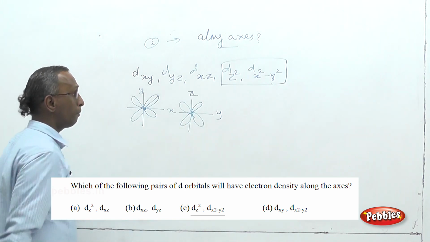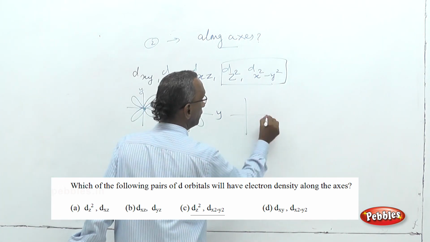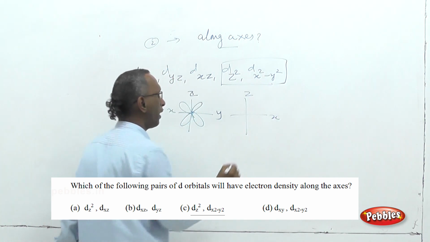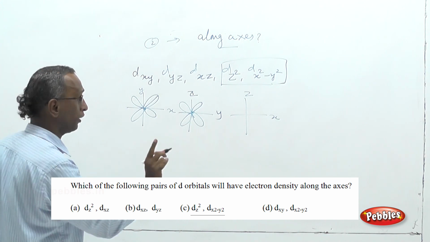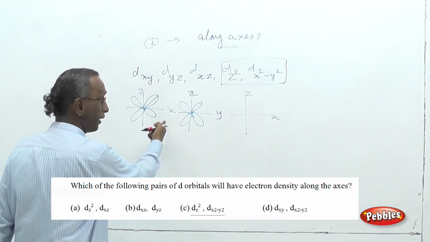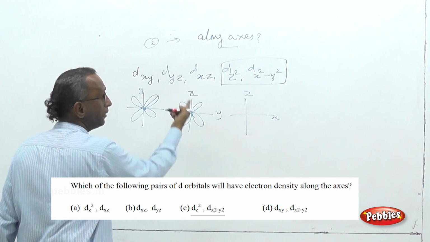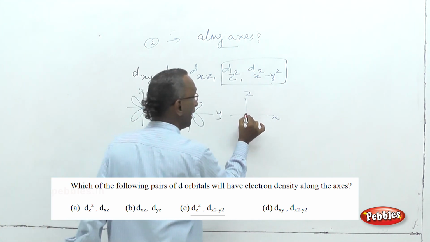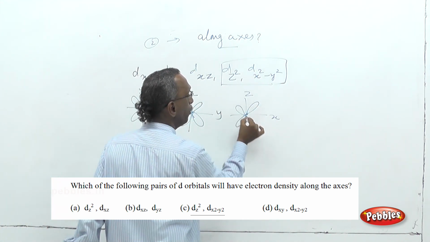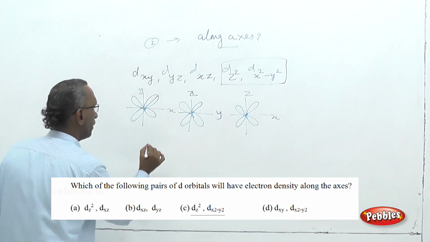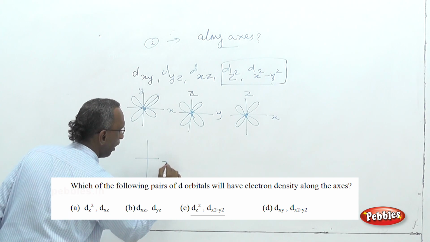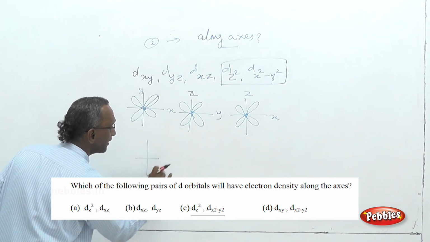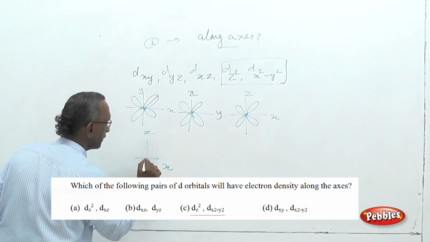For understanding purposes, I have left the third axis, not that the third axis does not exist. xy means z is existing, yz means x is existing. Our aim is to see how it is distributed. But here dz squared is distributed along the x axis and z axis.